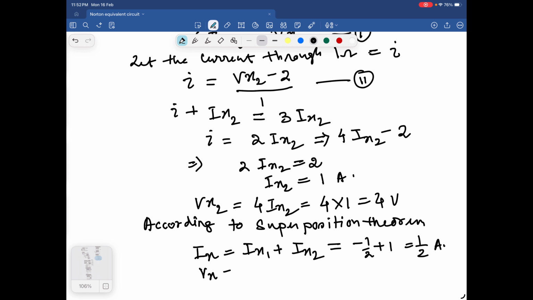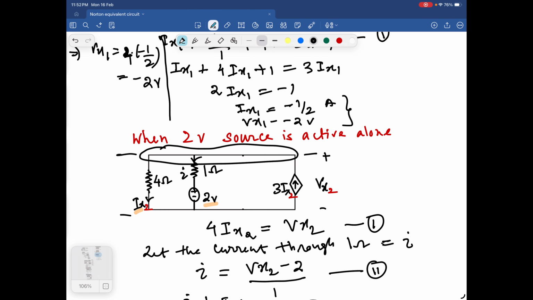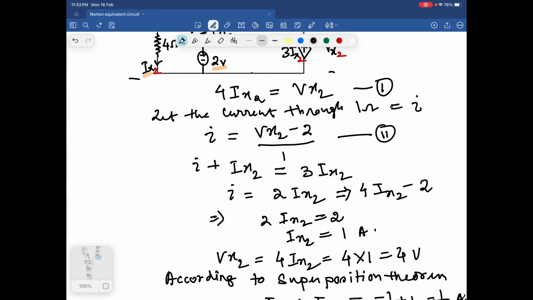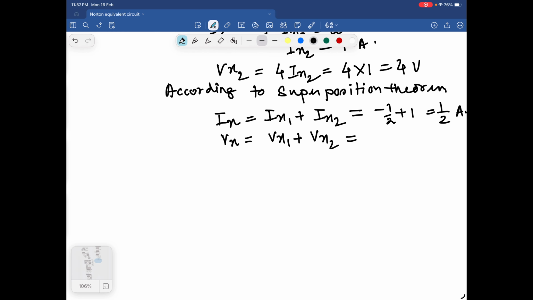And Vx is equal to Vx1 plus Vx2, the algebraic sum of voltages when individual sources are active alone. Vx2 is 4 volt and Vx1 is minus 2 volt, so this is minus 2 plus 4, which is 2 volt. So this is the answer.